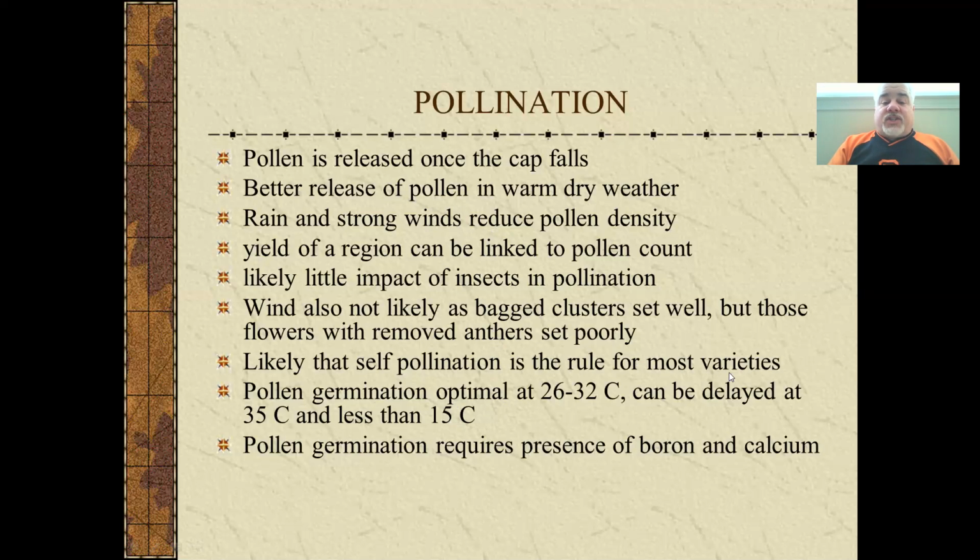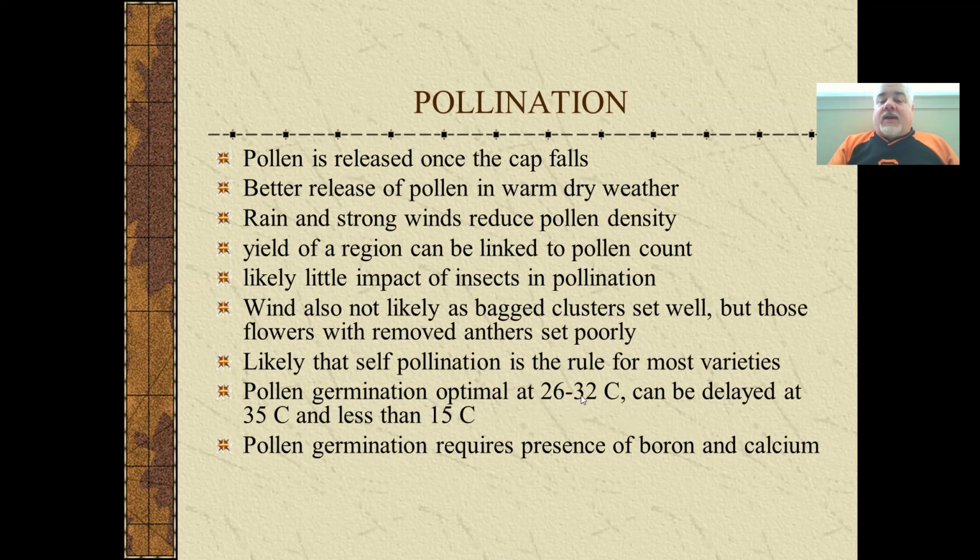Most varieties are self-pollinated. I've already mentioned that. Pollen germination is optimal at 26 to 32 degrees centigrade, which is warm, but not too hot. What is normal human body temperature? 37 centigrade or 98.6. That's way too hot when you get up there into the 90s.